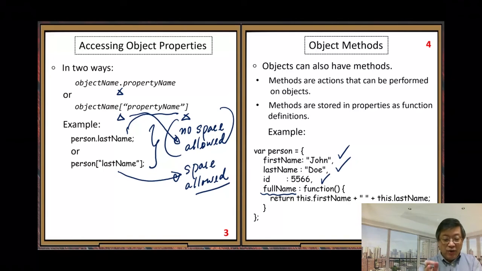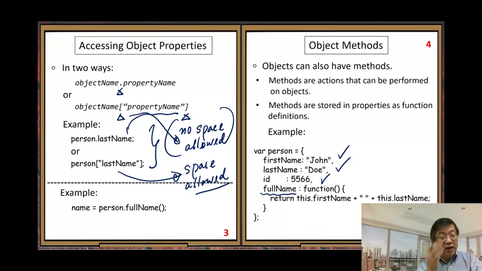All right, so with that, now how do we use it? Let's look at an example to call this function, our usual way of calling it. name equals person, the object variable name, person dot.